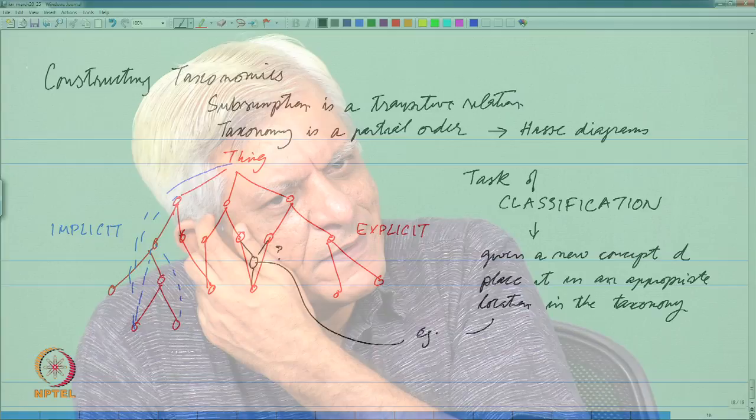So, the task of placing it in the appropriate place is so that it is linked to a parent who is its immediate super concept, and there is no super concept in between, and likewise whose child is a most general sub concept that you can think of.